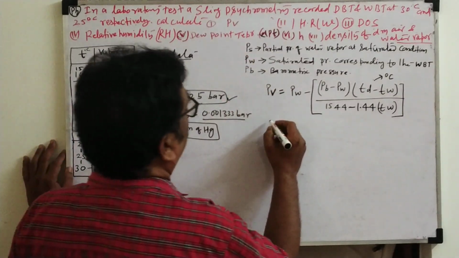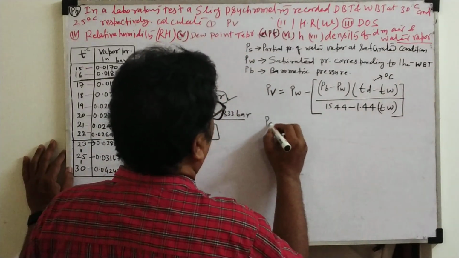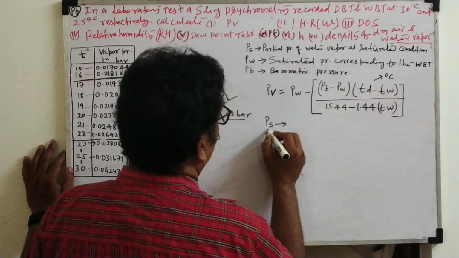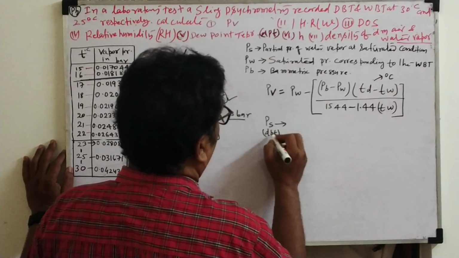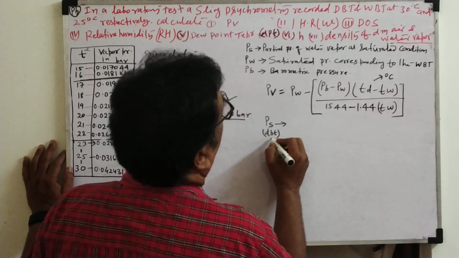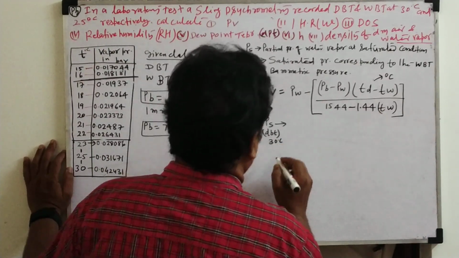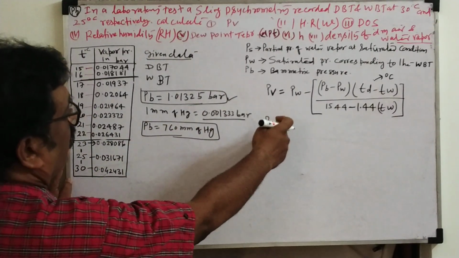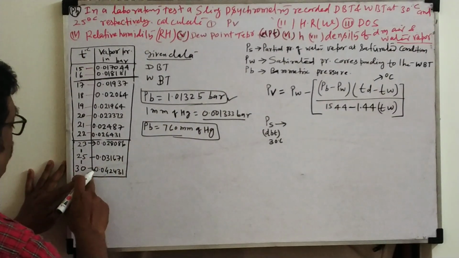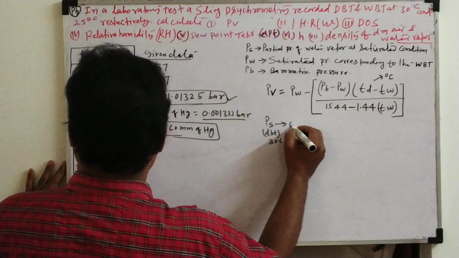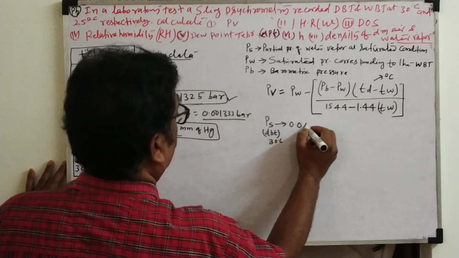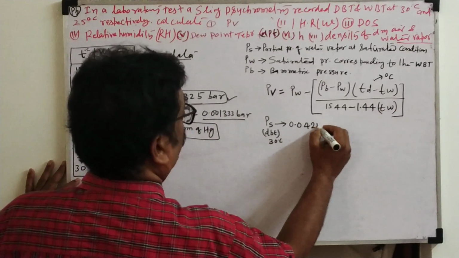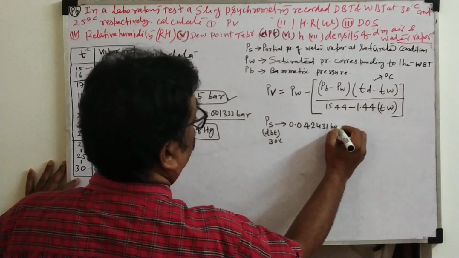Next, how do we get the PS value? We get the PS value from the dry bulb temperature, which is given here as 30 degrees Celsius. So corresponding to 30 degrees Celsius, what is the vapor pressure? PS at 30 degrees, already I wrote the table here: 0.042431 bar.